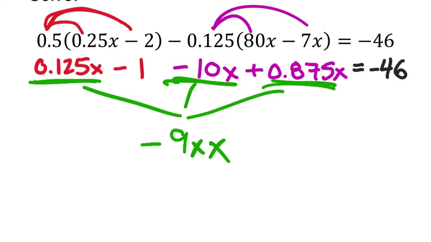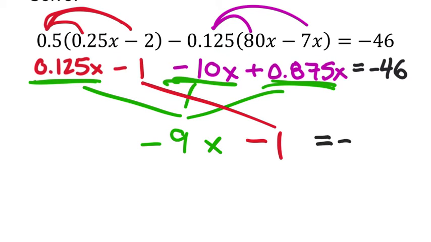Of course, the calculator would know better than I would, but I'm going to drop this negative 1 as well, as minus 1. Why do I have 2 x's there? I don't need 2 x's. Sorry about that. But this equals negative 46. Well, I didn't expect this to get rid of all the decimals, but I guess it did.